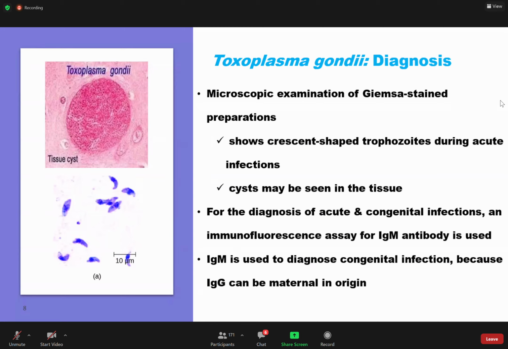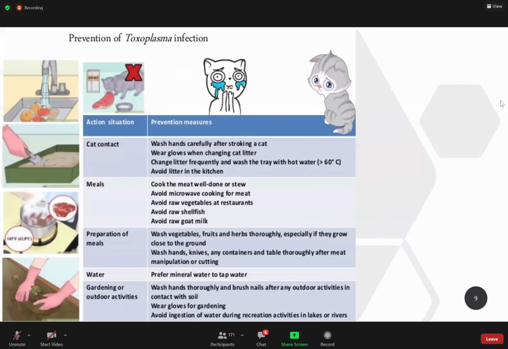But if you screen for immunoglobulin M, that is the baby's own immune response. Immunoglobulin M is a large molecule. It cannot pass through the placenta to the baby. So if you get a positive hit, that is evidence that the baby was exposed and the baby's immune system is responding.